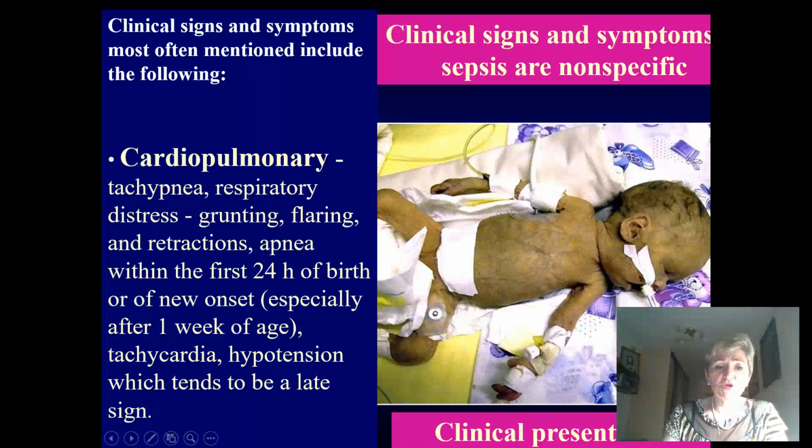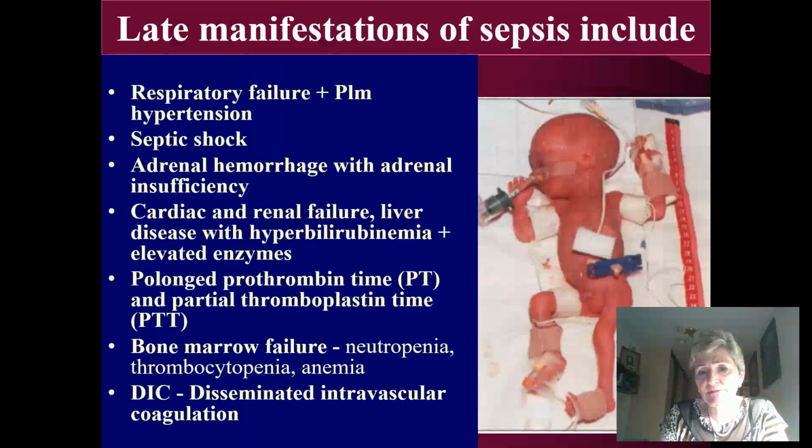Tachycardia, hypotension, and in this picture, we can see a patient with jaundice, mottling, distended abdomen, lethargy. Main signs of sepsis, late signs include respiratory failure and signs of pulmonary hypertension.